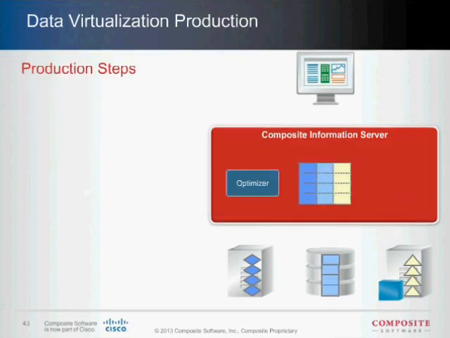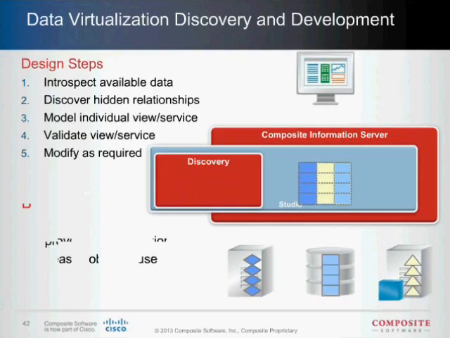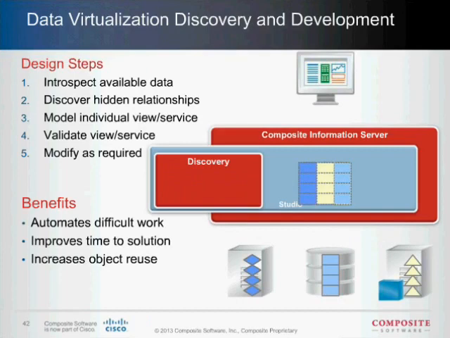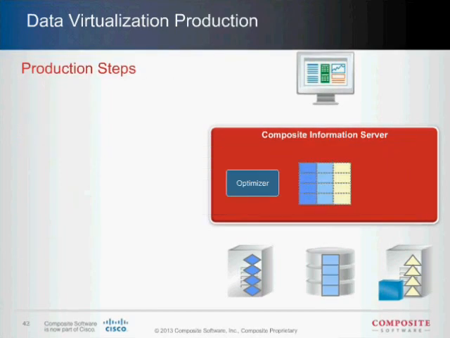And so as you go into production with this, the important part is that it performs well. A big part of the data virtualization platform is a very sophisticated runtime query optimizer that takes a request from the client and optimizes that request, just like a database optimizes a request for bringing data from multiple tables.